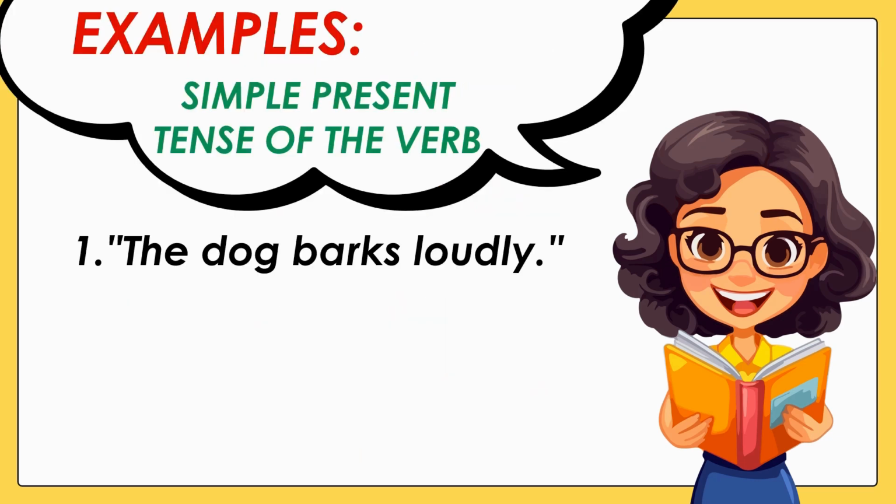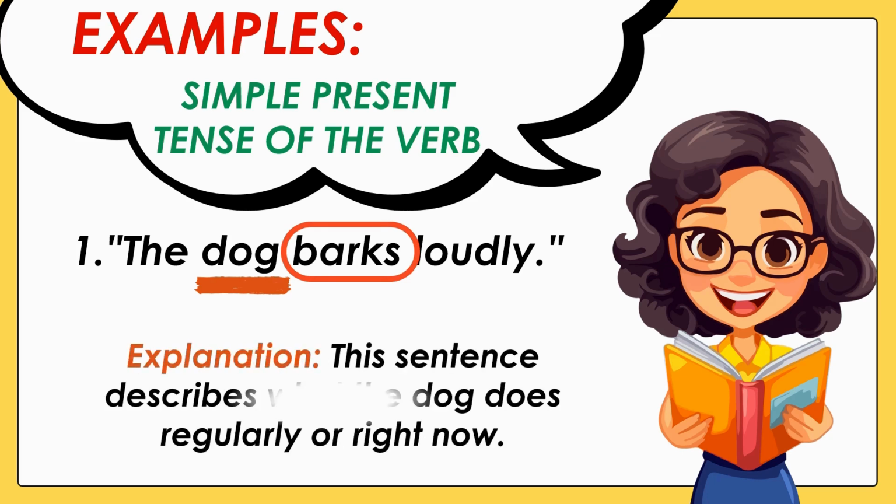Let's have the example for simple present tense of the verb. The dog barks loudly. Dog is the subject or the topic of the sentence. Barks is the action word. This sentence describes what the dog does regularly or right now.